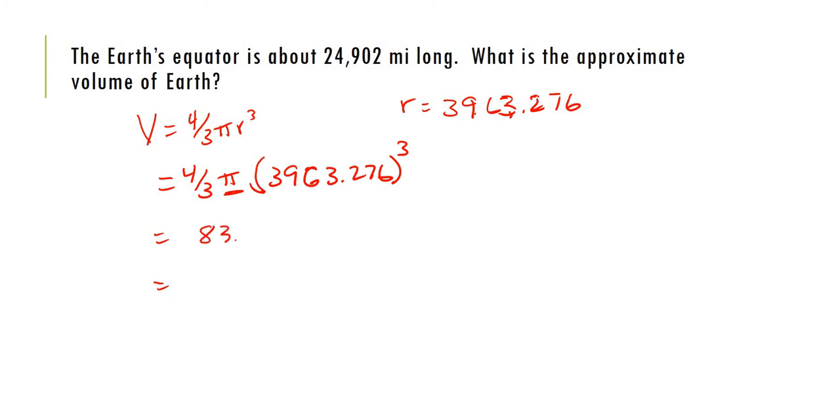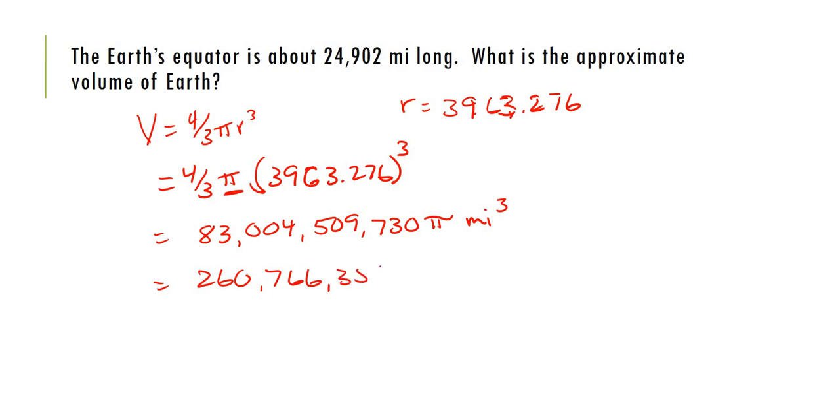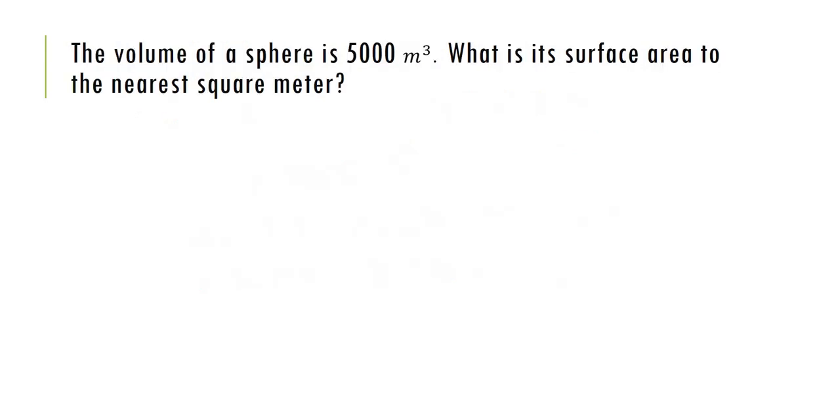So the first one is 83,004,509,730 pi miles cubed. In decimal form, 260,766,358,000 miles cubed. If you have trouble working this out in your calculator, please come see me sometime so I can work with you. All right, so that's the volume of the Earth in cubic miles.